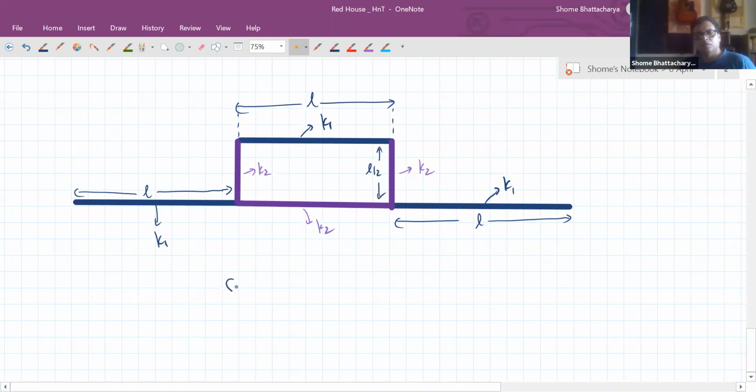Okay. So given that K2 is equal to twice of K1 and K1 is equal to, let's say, 240 watts per meter Kelvin.